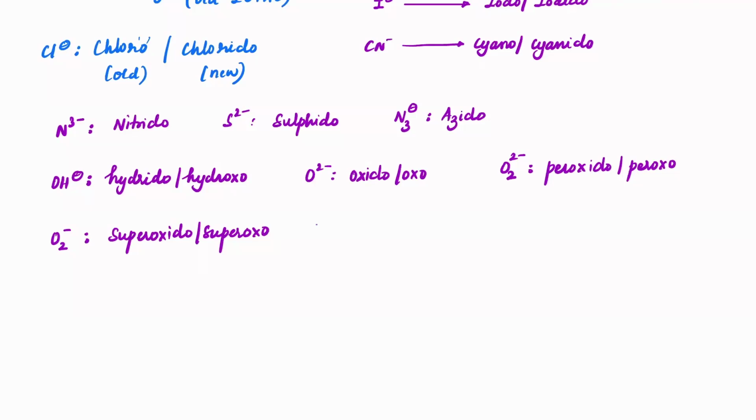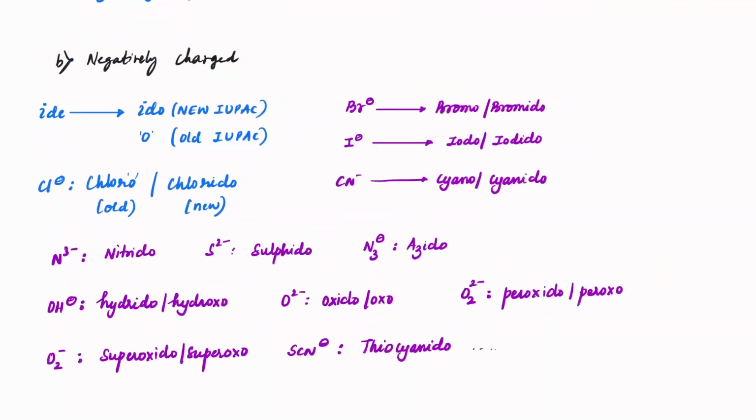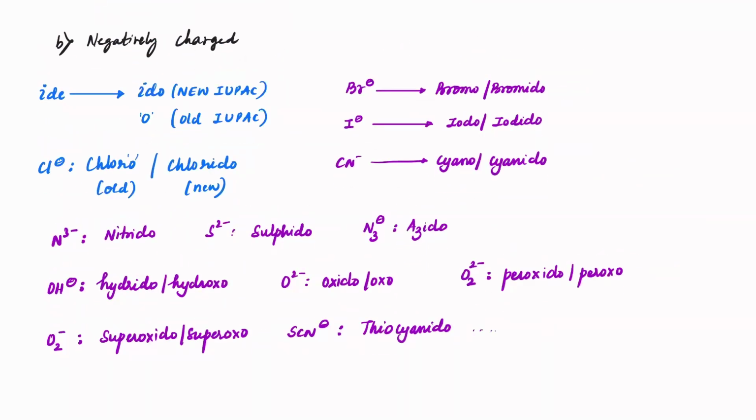Similarly, just like cyanide CN minus, we can have SCN minus, which will become thiocyanato. I hope you got clarity on that. If you have negatively charged ligands, these are the different types of names we can get. These are all ide salts converting into ido.